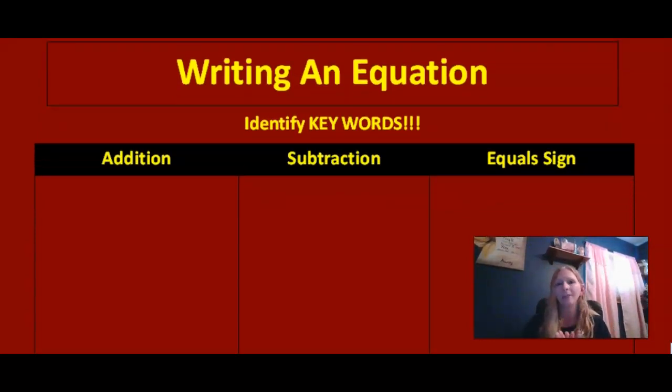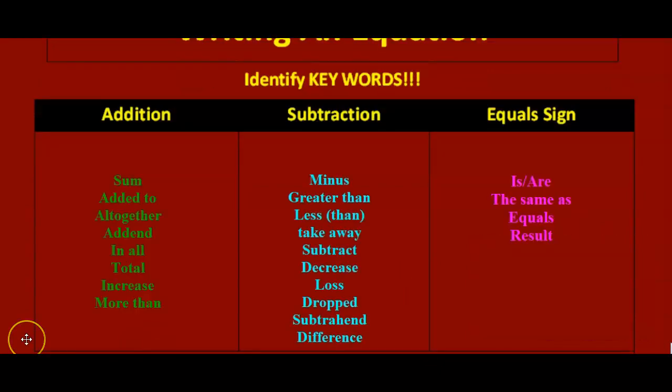And I want you to pause the video, and I want you to think of all of the written words that we can utilize in order to mean that we're adding, that we're subtracting, and the words that could mean the equal sign. Now that you've tried that, let's go ahead and compare. So here are the words that I came up with. And again, you can pause this video at any time so that you can take your time to compare and write any ones that you might have missed.